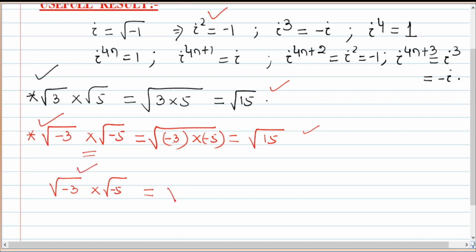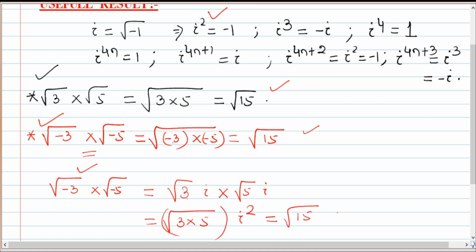So you can write root 3 i into root 5 i. This is nothing but root 3 into root 5 into i square, that is 15 into i square, and i square is minus 1. That is nothing but minus root 15.